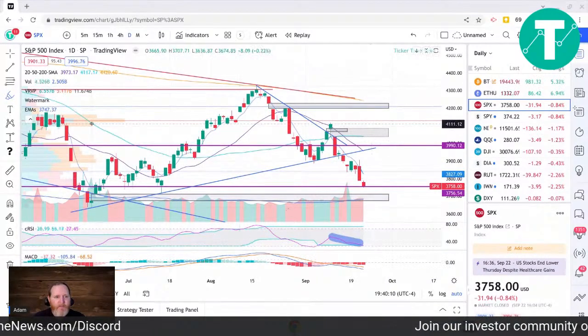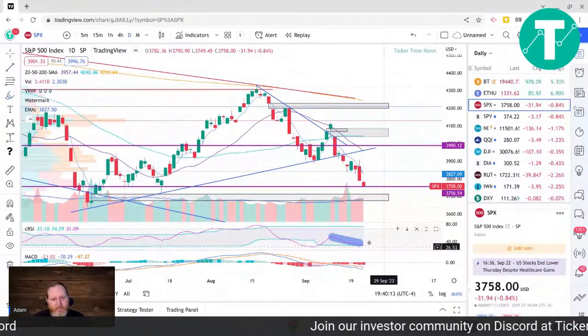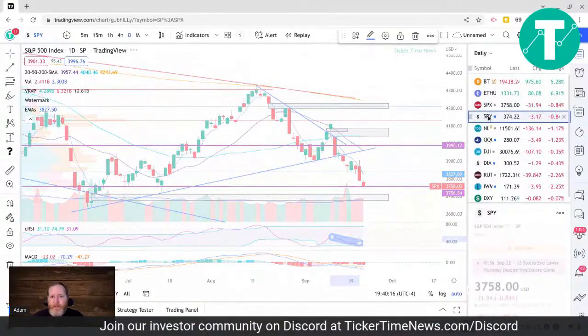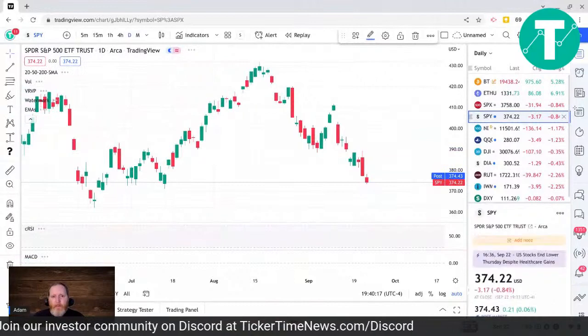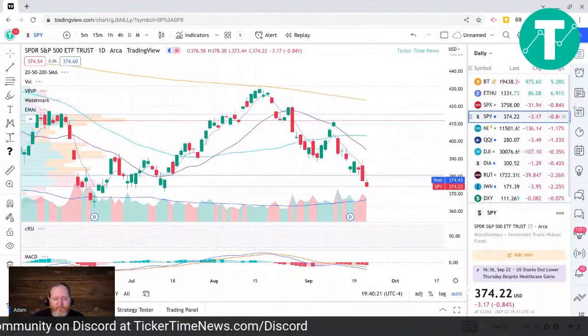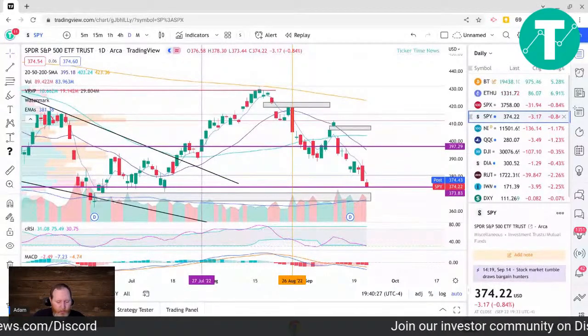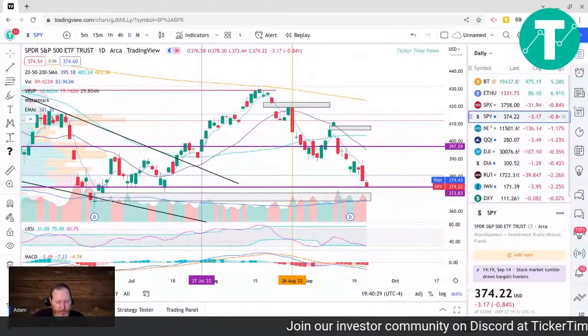Okay, so that's what we're looking at for the SPX. Now on the SPY, we'll go over there. I'll give you the numbers. The setup is nearly the same. And then we'll get back into some of the dynamics of the market today. And I also want to share with you what tomorrow is looking like.